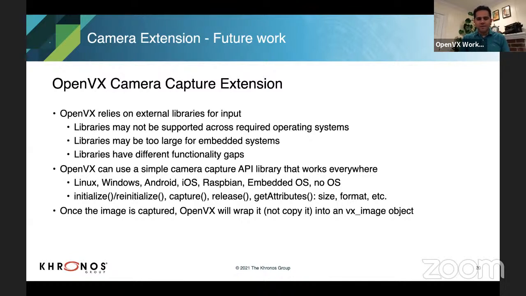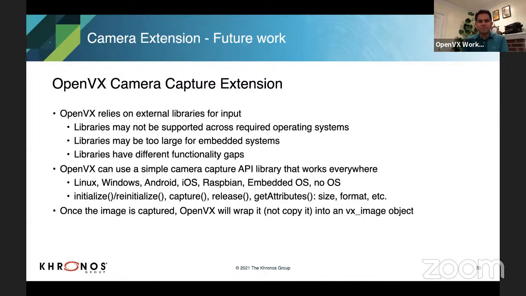So to solve this gap with the camera API, OpenVX is trying to come up with an API, or at least work with the camera group within the Khronos structure to come up with an API extension which will allow the developers to run their graph across Linux, Windows, or Android, iOS.